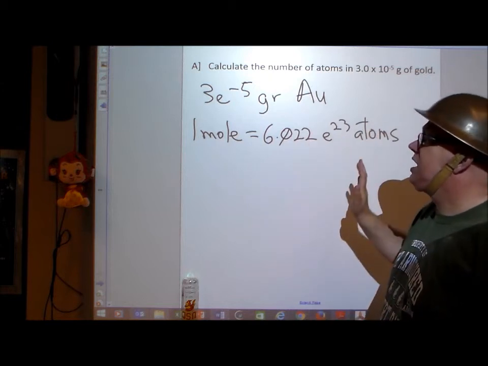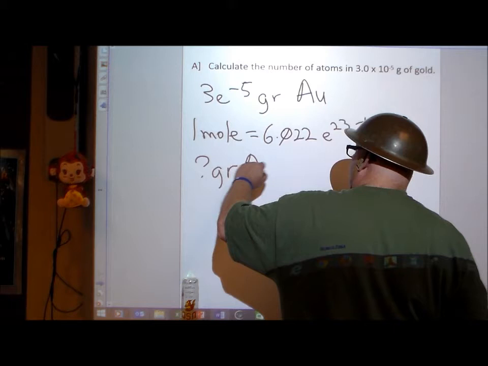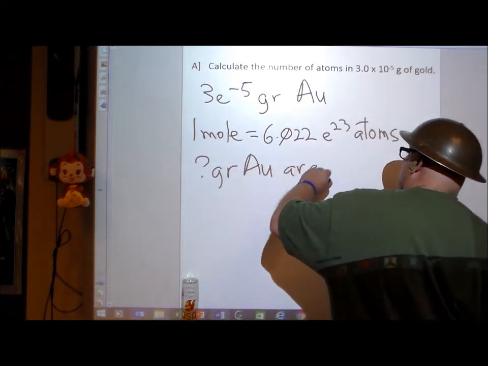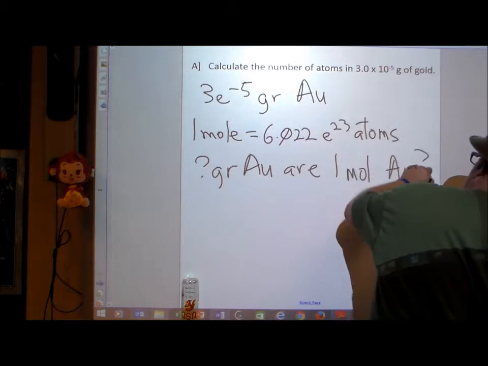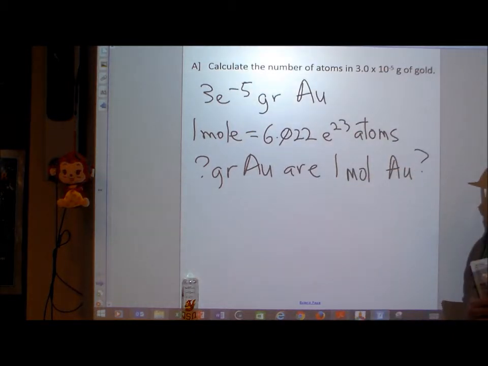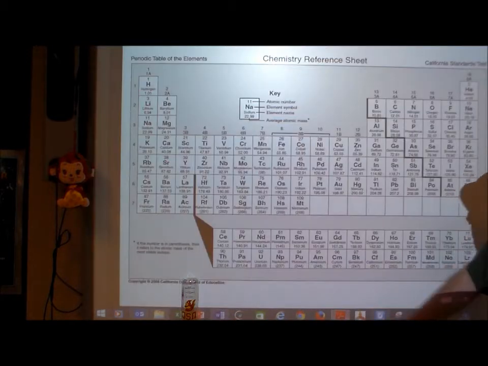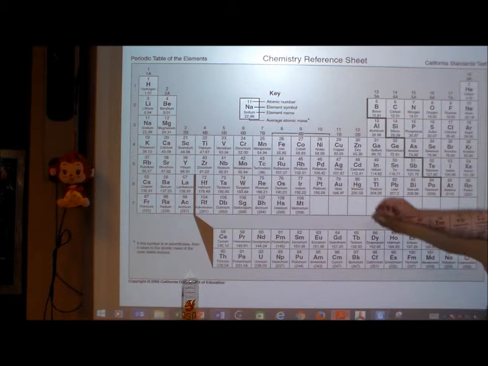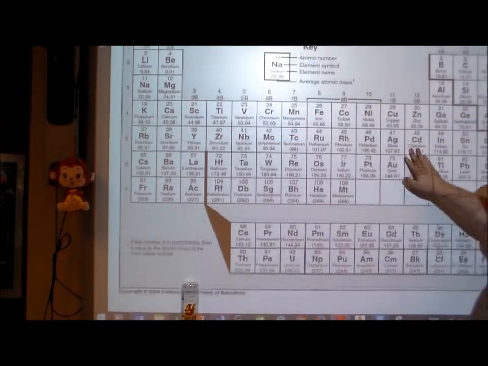Okay, so the thing is, how many grams of gold are in 1 mole of gold? That's the question. Okay, so with that, we need to take a look at the periodic table. And you may look at the periodic table here, and let's see if I can kick it up a little bit higher.